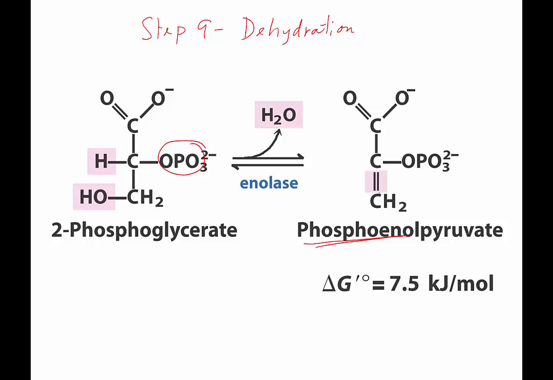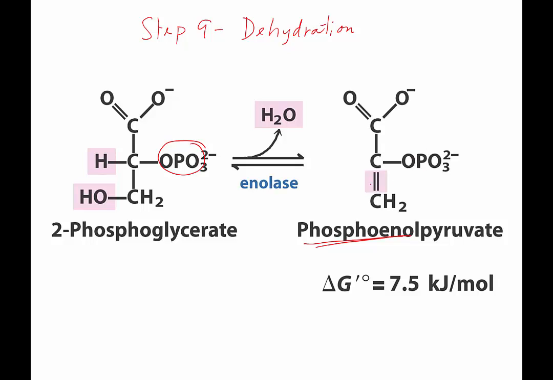And in essence, what it does is redistribute the energy within the molecule. So the movement of the phosphoryl group up here rearranges electrons within the molecule, and then the enol form has a higher energy of hydrolysis for the phosphate. So if we had hydrolyzed the phosphate in the other location, we would not have had as high an energy of phosphorylation.